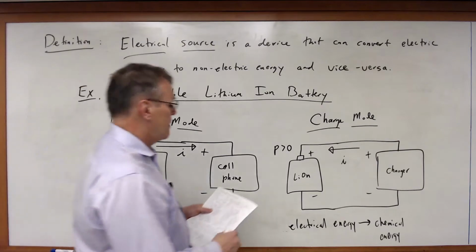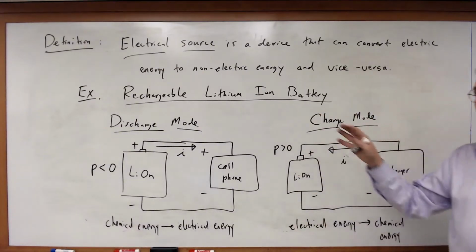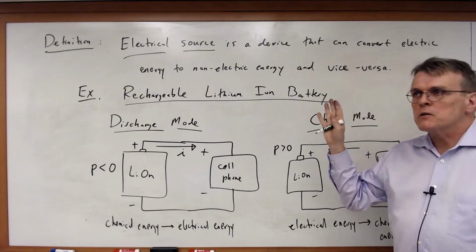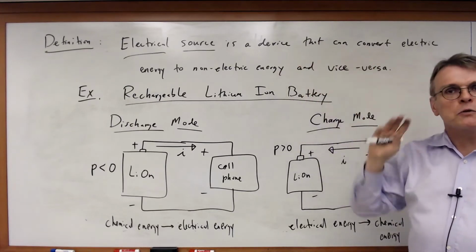So looking at this, voltage sources and current sources are both considered electrical sources.